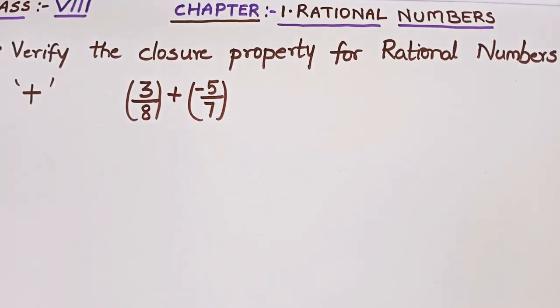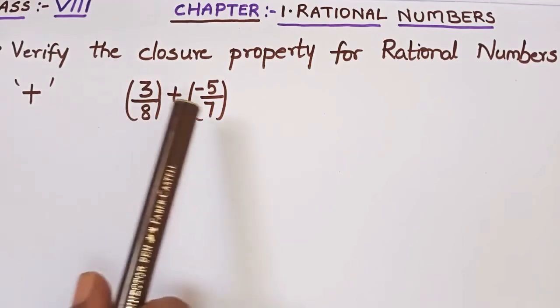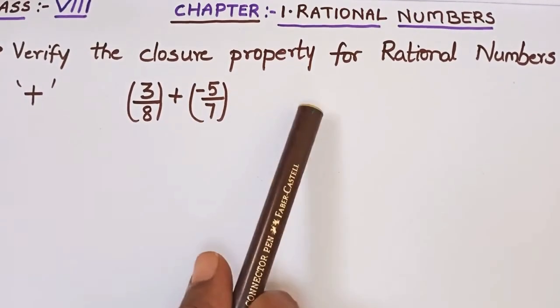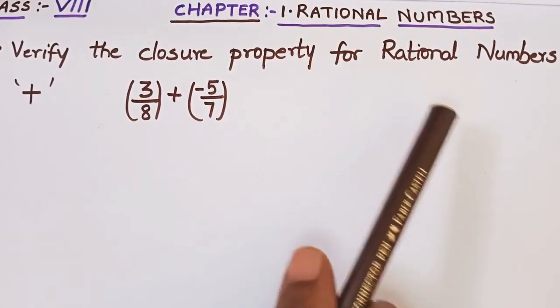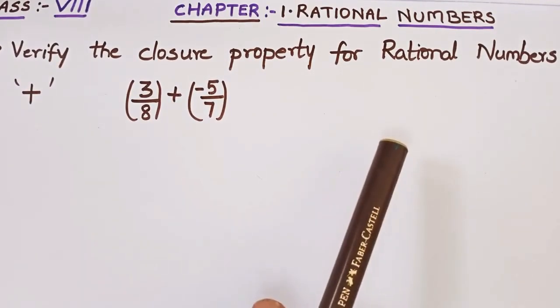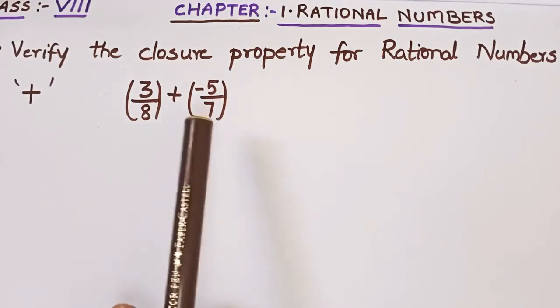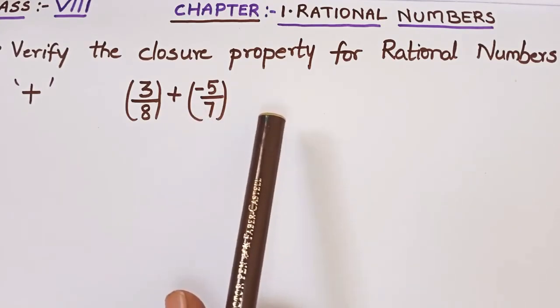What do we mean by closure property? As we said in the previous video, closure property is whenever I take two rational numbers, if I add these two, the answer must also be a rational number. Then we can say that rational numbers are closed under addition. Let us check whether our answer will be a rational number or not.